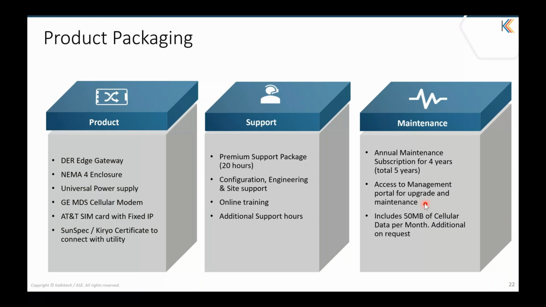That is also a subscription which is provided as part of the package. So this is how the entire data hub as well as the Galileo edge, the DR gateways, is provided as a customer want telemetry option for utility interconnection.